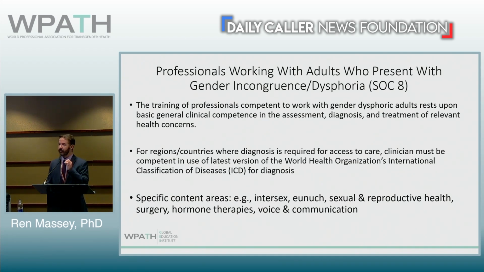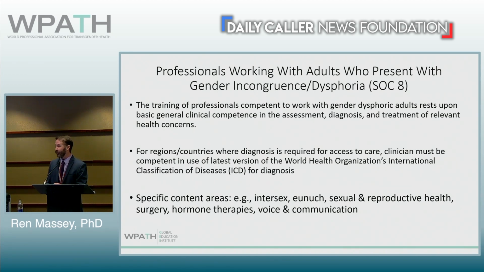We need to have competency working with and diagnosing all sorts of conditions in addition to gender dysphoria. So we have to be grounded in our general skills as well as gender-specific skills. And then in regions and countries where it's used, we use the ICD or whatever the classification system is that may be needed for accessing healthcare.